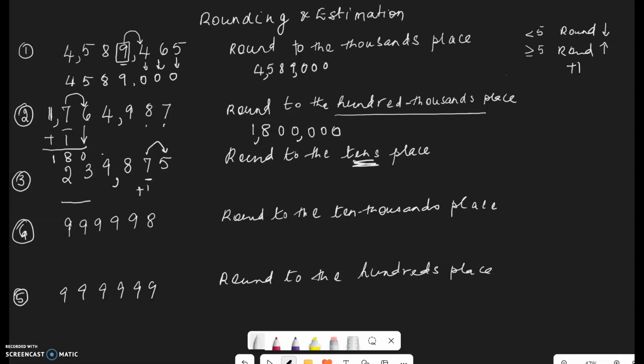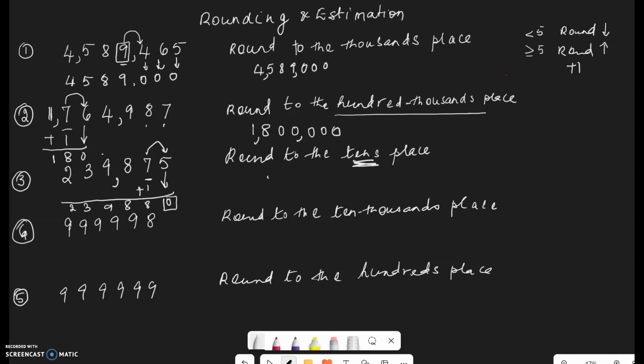Every digit after that becomes a 0. 7 becomes an 8. And all numbers before that remain the same, because adding 1 does not make a difference to the other numbers. The only thing that becomes a 0 is the digit after the tens place.